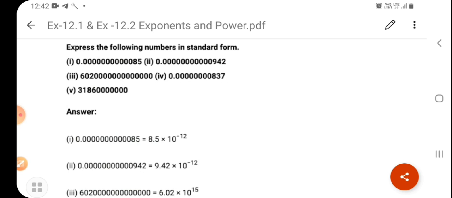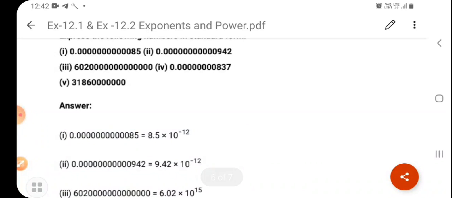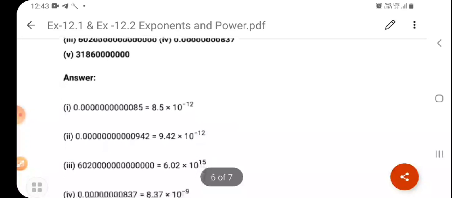9.42 into 10 to the power minus 12. Here the number of zeros you can see: 3 and 3 is 6, and 3 is 9, then 2 is 11 and 9. So including 9 there are 12 digits, so there is 10 to the power minus 12.